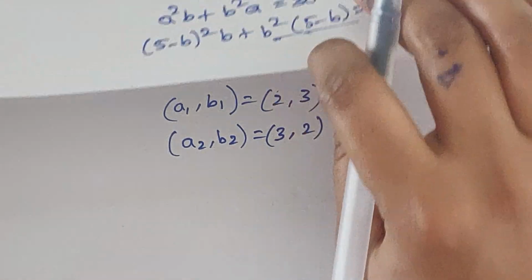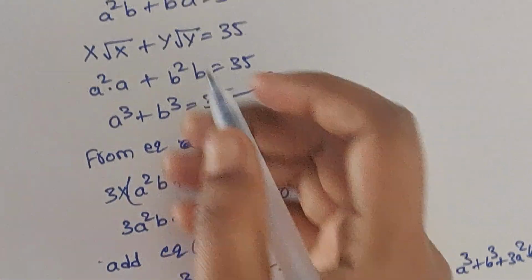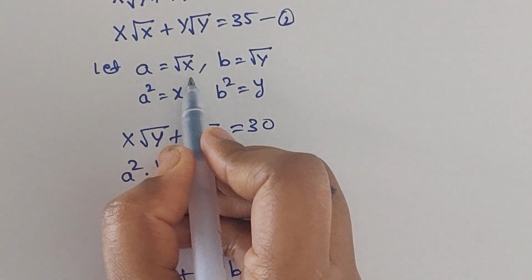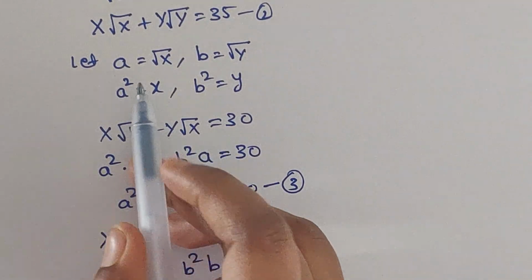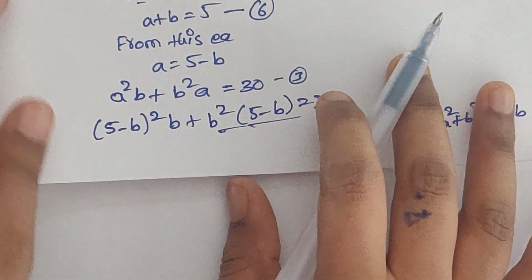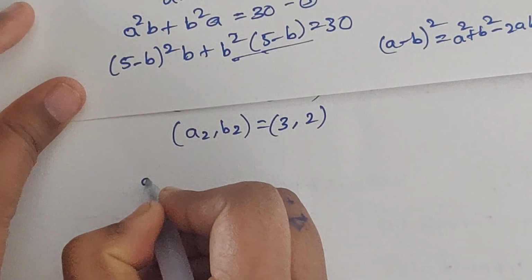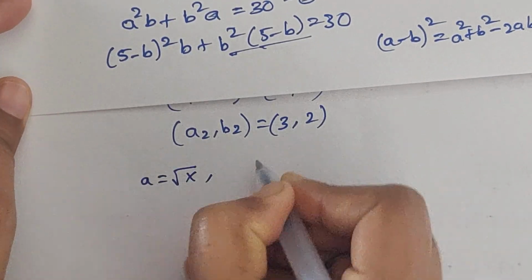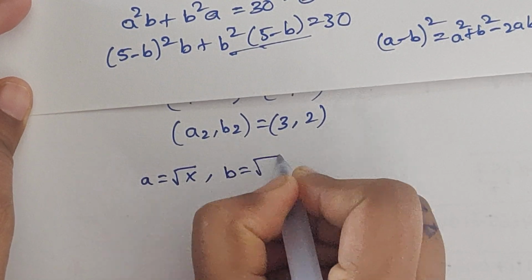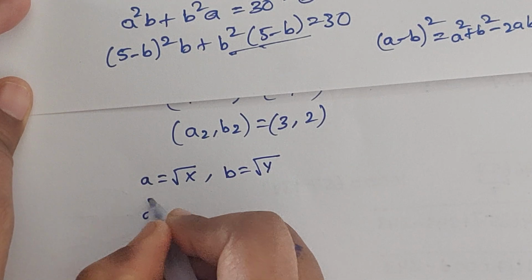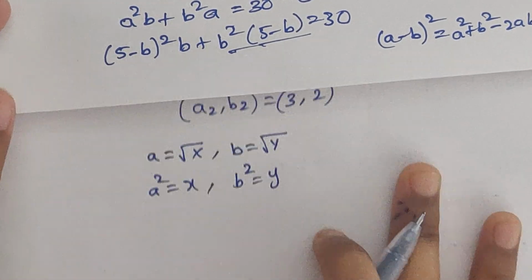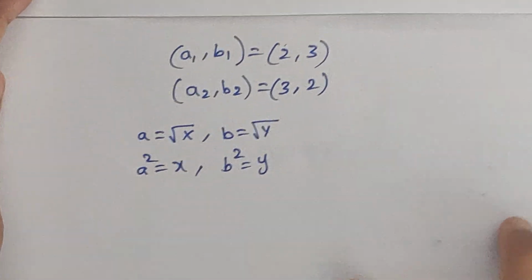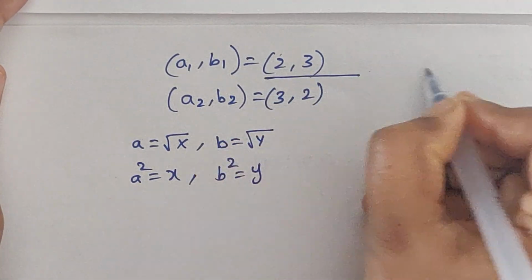So now we have to find the values of x and y. Here a equals square root of x, b equals square root of y. So just substitute the values of a and b in these equations. So a equals square root of x, b equals square root of y, and a square equals x, b square equals y. So let's try with this value.